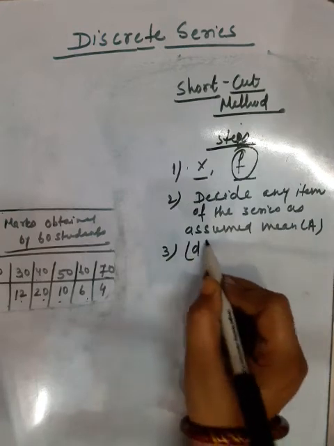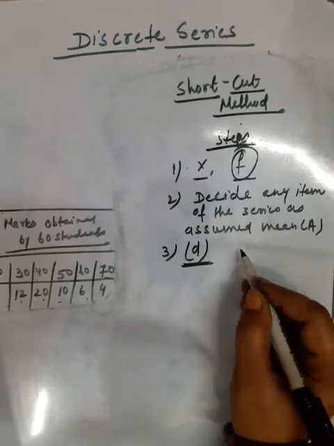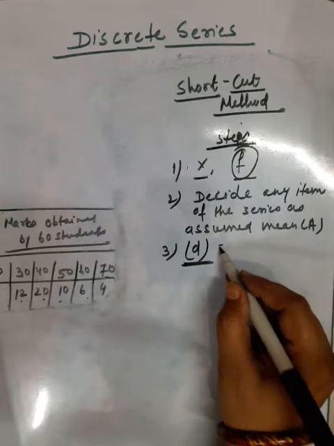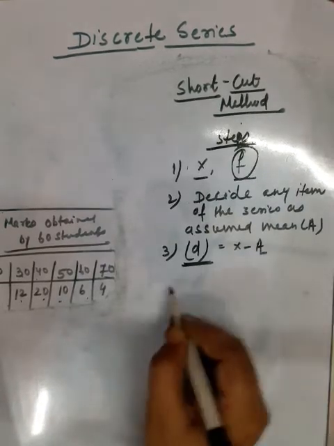We have to calculate deviation, that is denoted by d, and d equals x minus A, where A is the assumed mean.